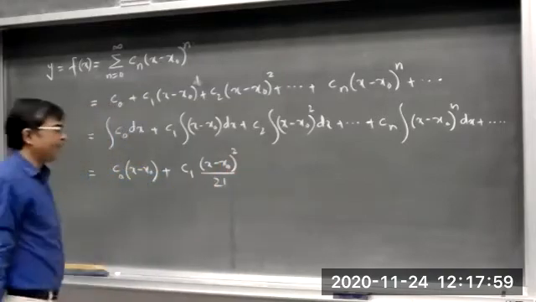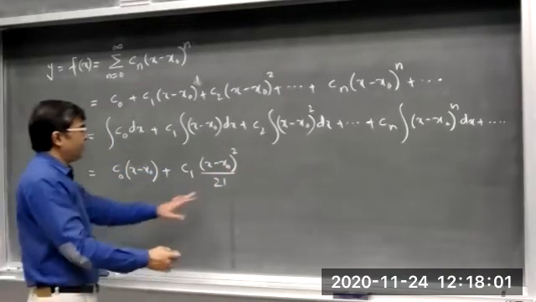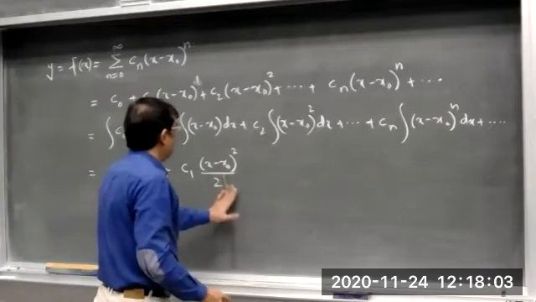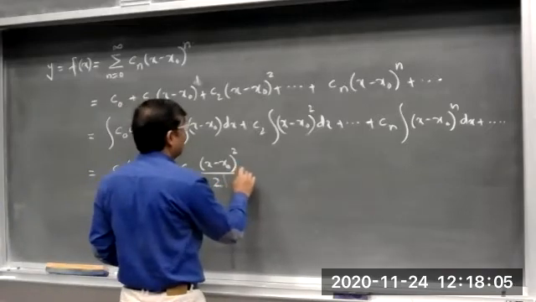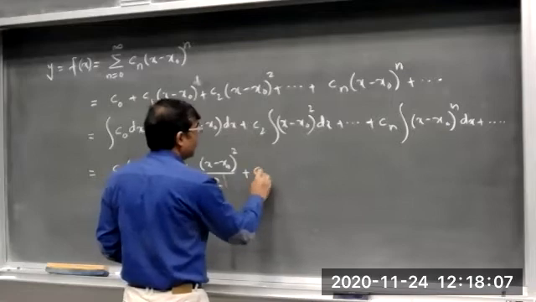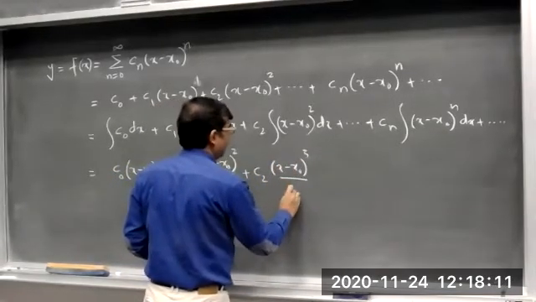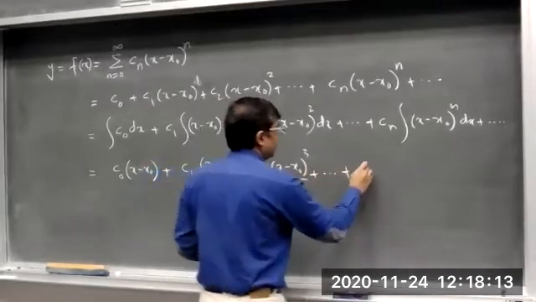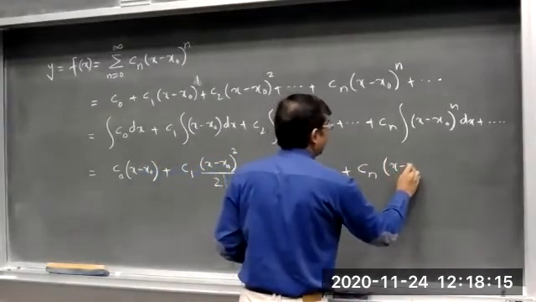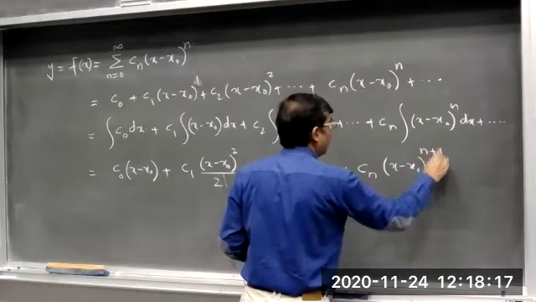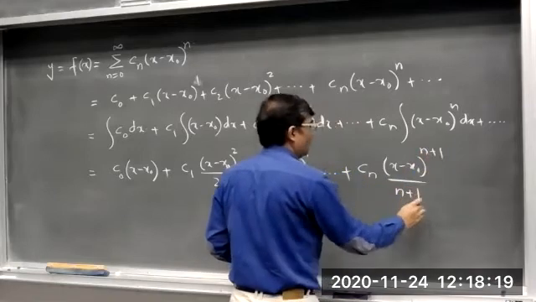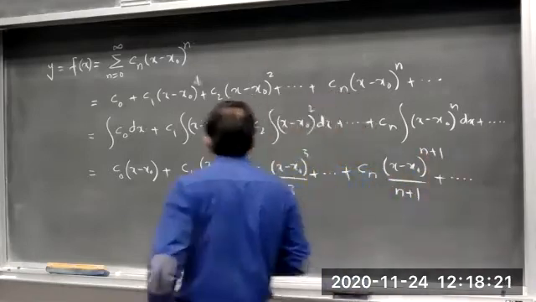Similarly, plus C2 (x minus x naught) raised to power 3 divided by 3, plus so on, plus Cn (x minus x naught) raised to power n plus 1 divided by n plus 1, plus so on.